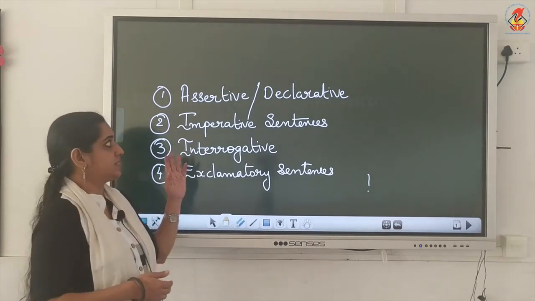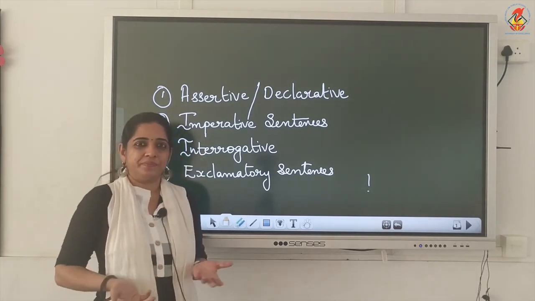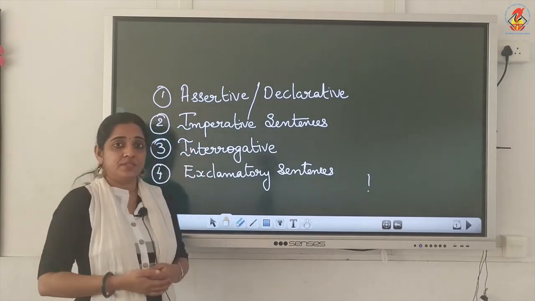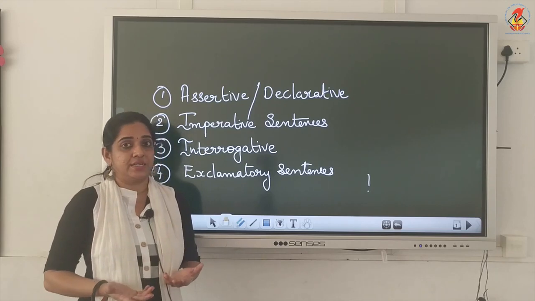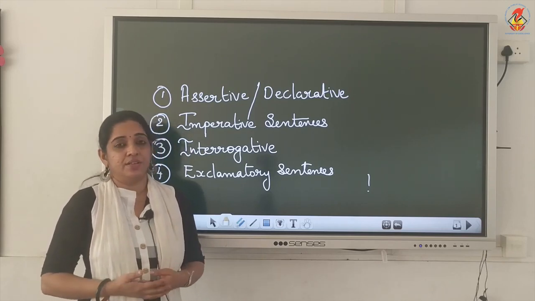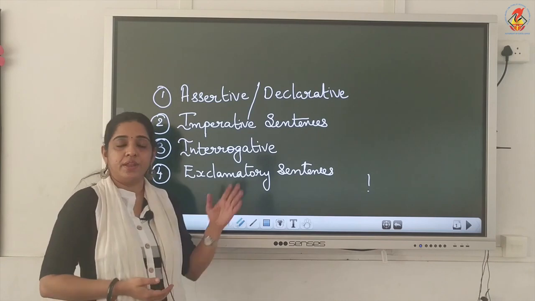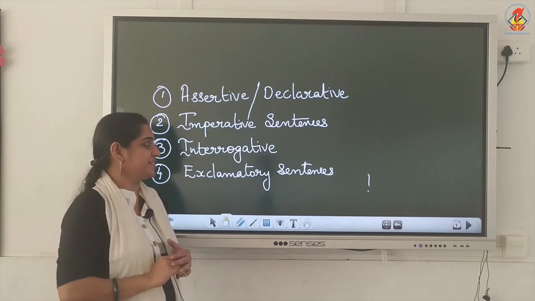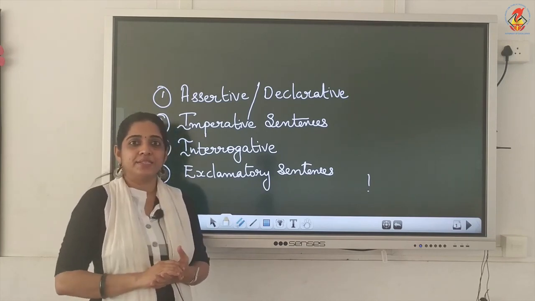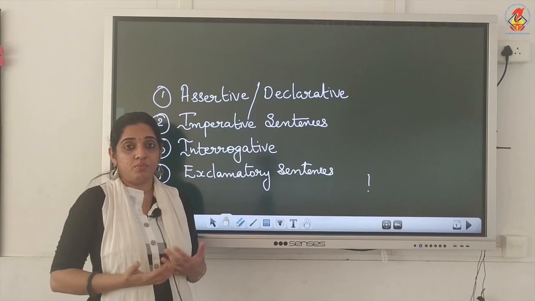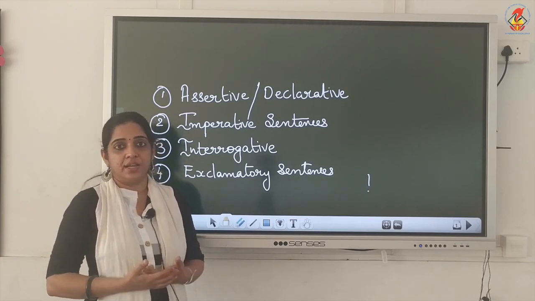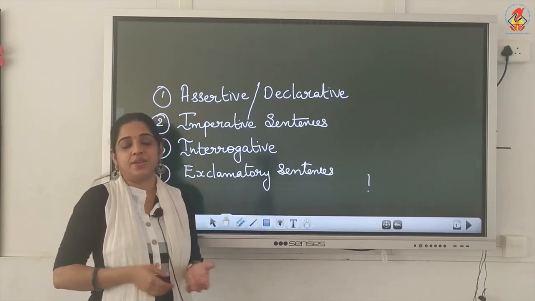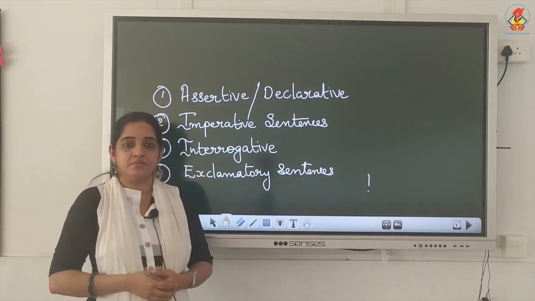Assertive or declarative is just a casual sentence which says something. Imperative means commands, requests, advice. Interrogative means asking questions. Exclamatory means a sentence which shows emotions, sudden feelings. At the end of exclamatory sentences you can always see an exclamation mark.